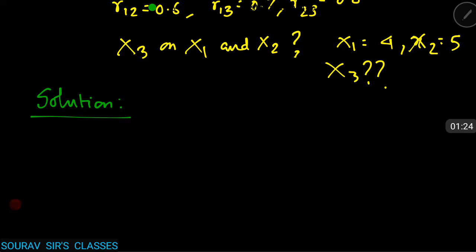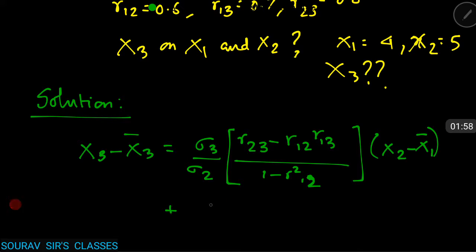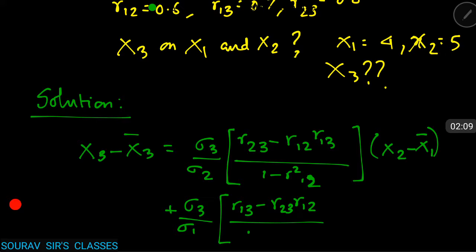According to the method, the regression equation of x3 on x1 and x2 is x3 minus x3 bar is equal to sigma 3 by sigma 2 multiplied by R23 minus R12 into R13 divided by 1 minus R square 12 into x2 minus x2 bar plus sigma 3 by sigma 1 into R13 minus R23 into R12 divided by 1 minus R12 square into x1 minus x1 bar.